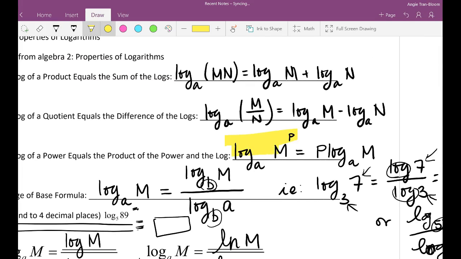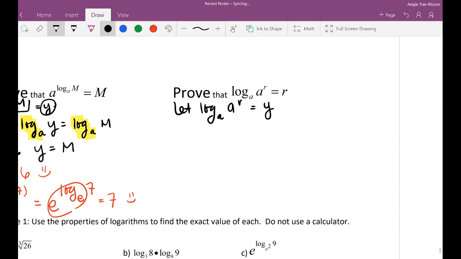Log base a of m to a power of p, I can rewrite as p times the log. So that's what I'm going to do. I'm going to bring this p power to the front. So for our problem, I'm going to bring this right here to the front. So I'm going to write r times log base a of a. And that still comes out to be y, because I'm not doing anything to the y yet.